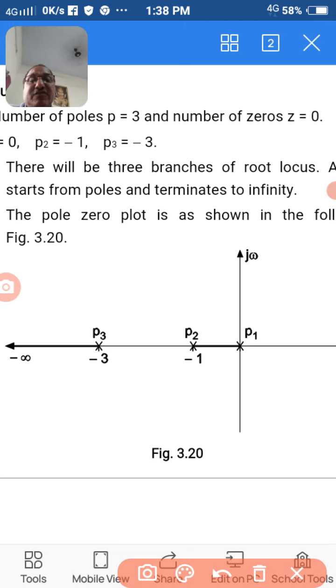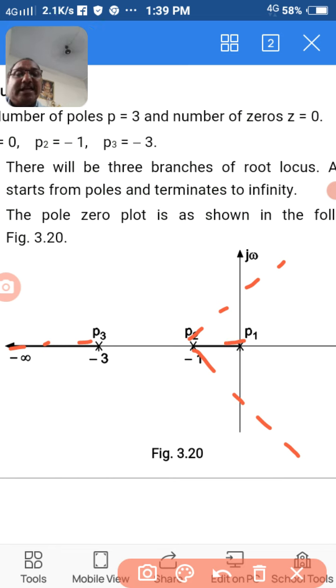Now, as we found, the centroid is -1 and the angles are 60, 180 and 300 degrees for the asymptotes.